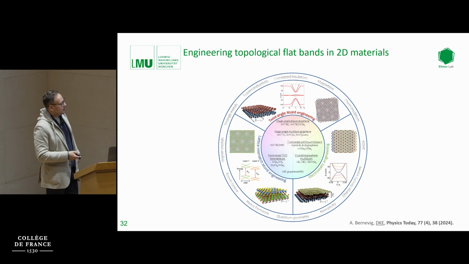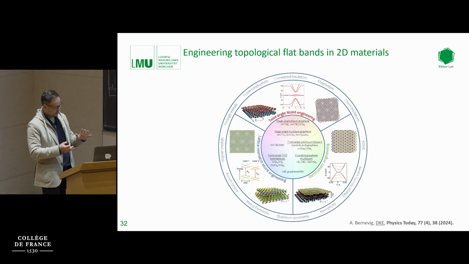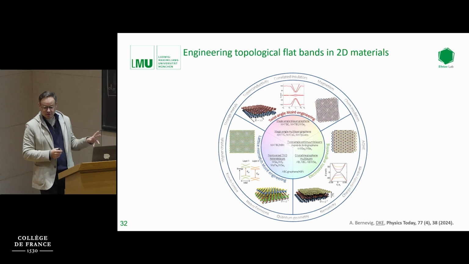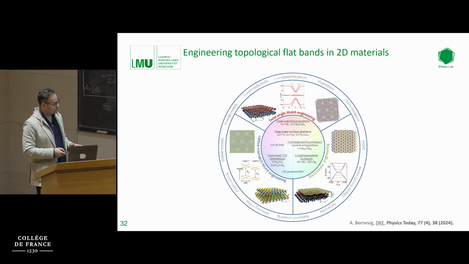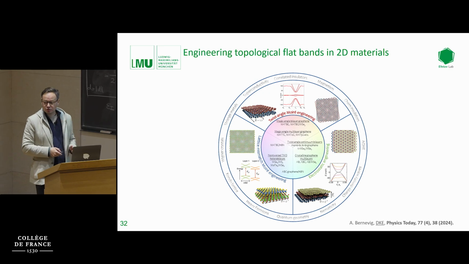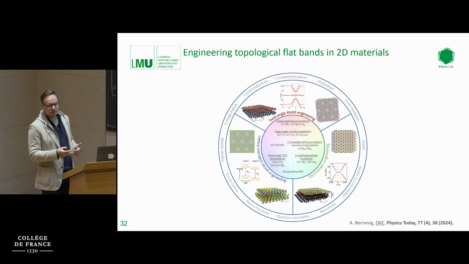Then in TMDs, so again in these semiconducting materials, there has been also a lot of effort to study twisted systems, and one of the most remarkable results which came out from the field of TMDs is that you can twist MoTe2 to about 4 degrees, something like that, and you can produce fractional Chern insulators, right?